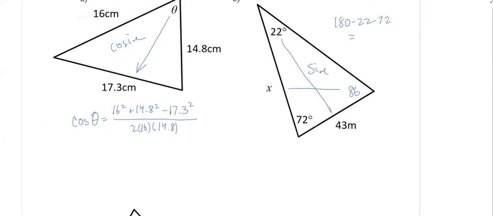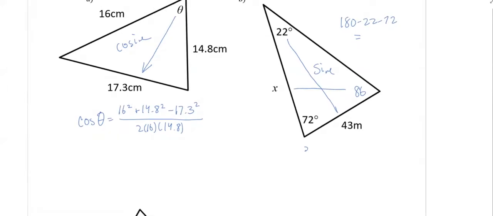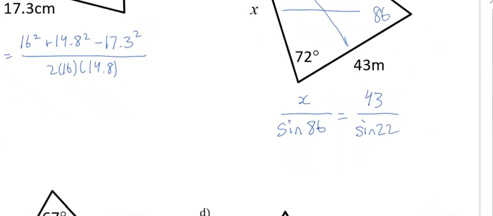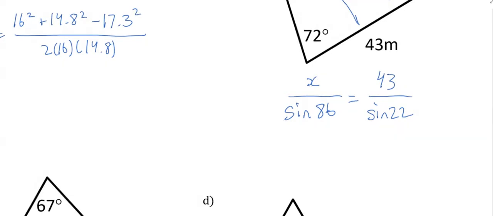And if it's a side length, I write x over sine of the angle across from it equals, sides are either both always on top or both always on bottom. So if x is on top, I got to use 43 on top over sine of 22. And then again, you would rearrange that and then punch it into your calculator.